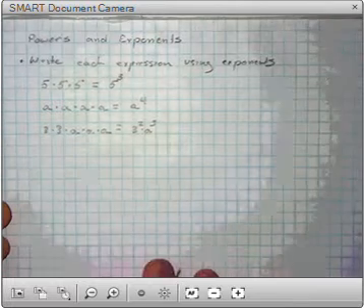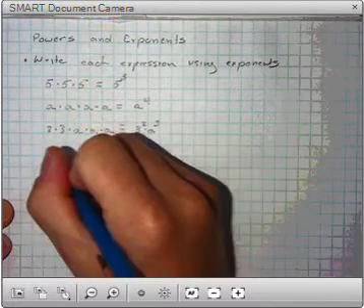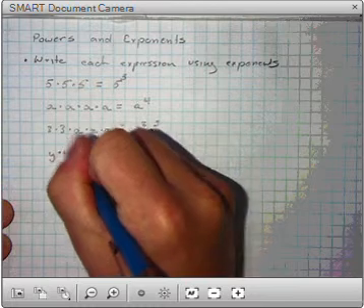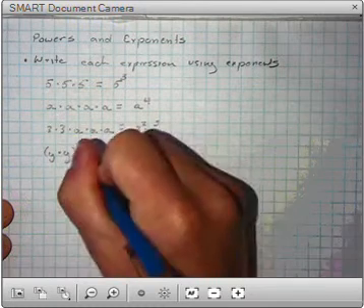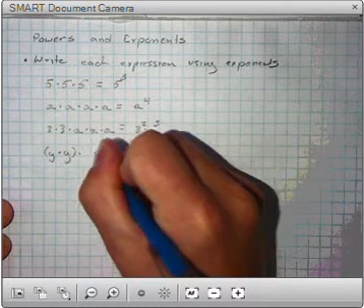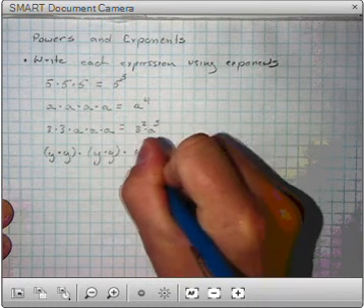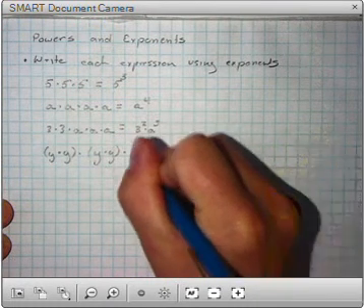Yeah, something like that. What if I do something like y times y in parentheses, times y times y in parentheses, times y times y in parentheses?